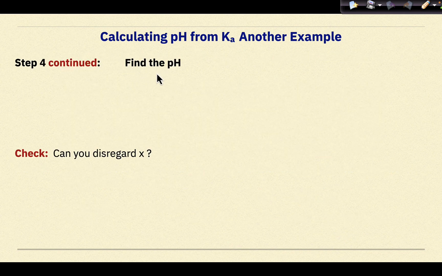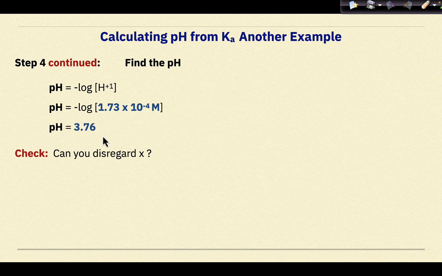So to find the pH, we're going to use our pH formula: pH is equal to the negative log of our hydrogen ion concentration. We'll plug in our value that we calculated on the previous slide for our hydrogen ion concentration of 1.73 times 10 to the negative 4 molar. In solving for pH, we find it to be 3.76.